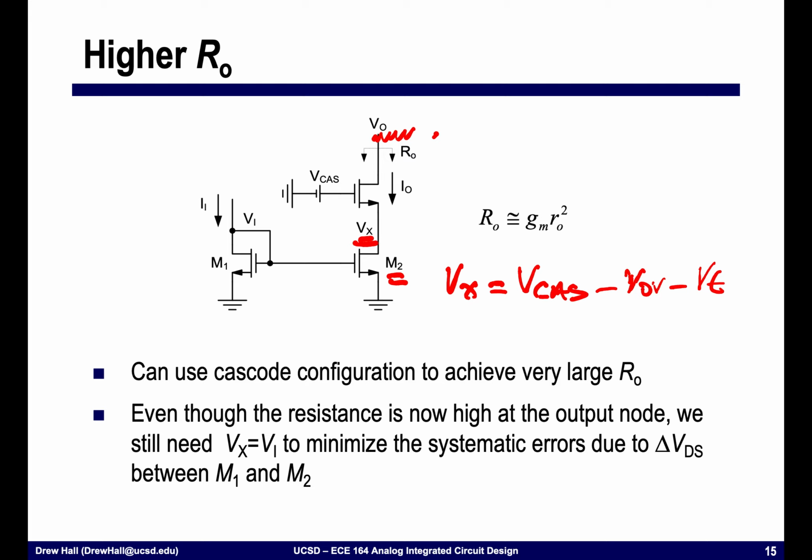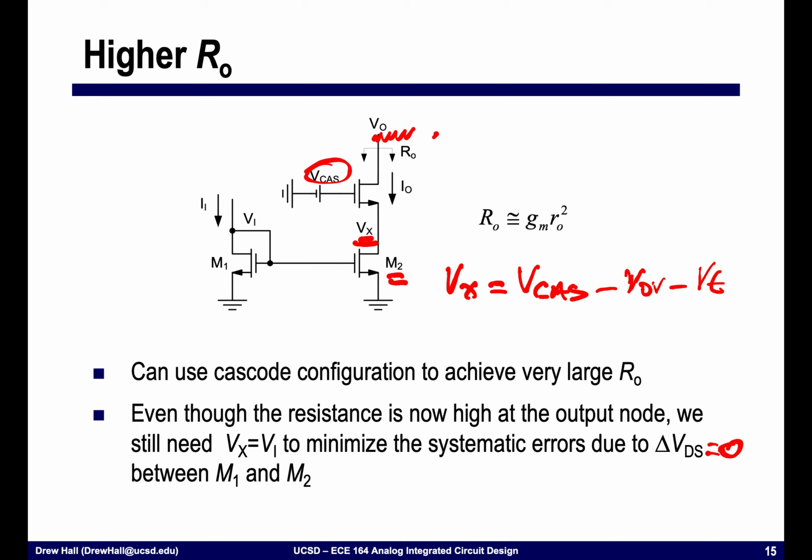If Vx is not moving, then we can set Vx to V1 by appropriately choosing this voltage Vcas. Okay? And I can set delta VDS equal to 0 in that case. And then I will perfectly copy the current from I in to I out.